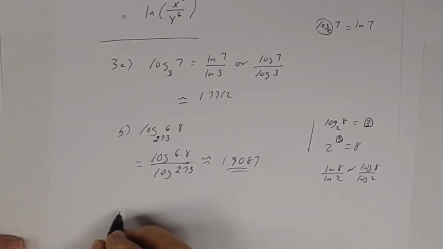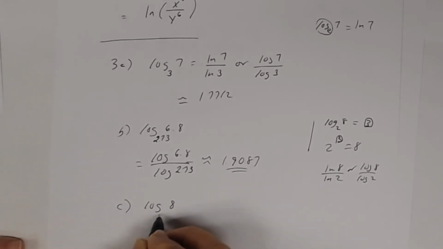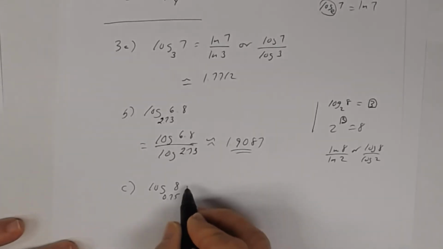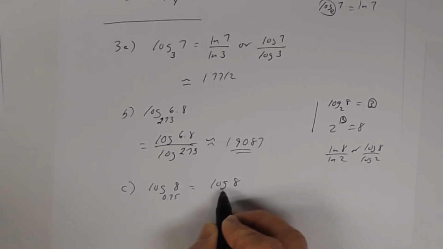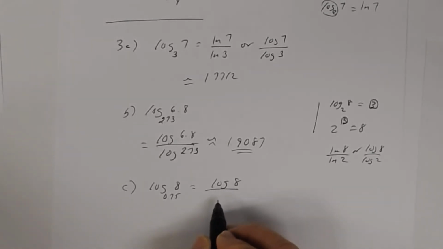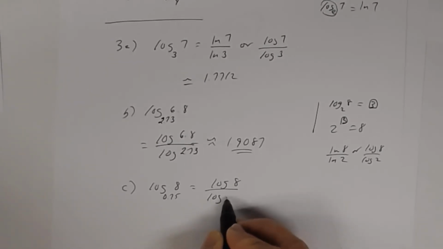And then finally, 3C, you have the log of 8, and the base is 0.75. With the base change formula, I can write this as the log of 8, common logarithm base 10, so I can use the calculator, divided by the log of 0.75.